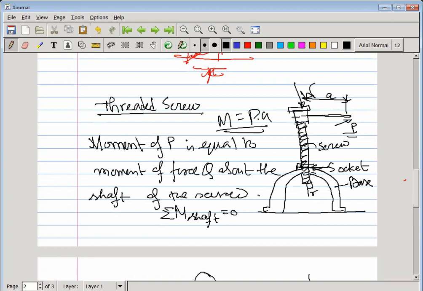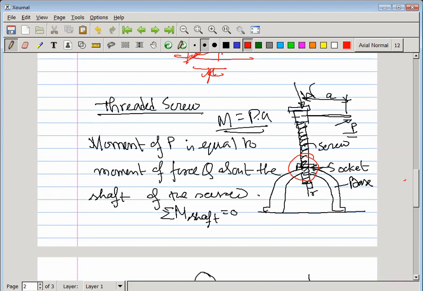But what happened in this screw and socket portion? There is some contact with the screw thread and this socket. The socket also has some thread.